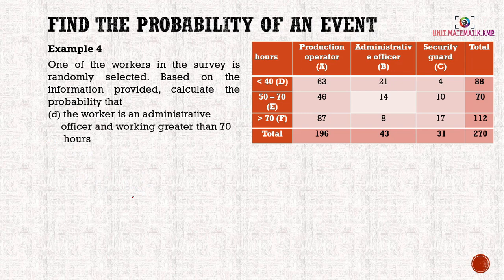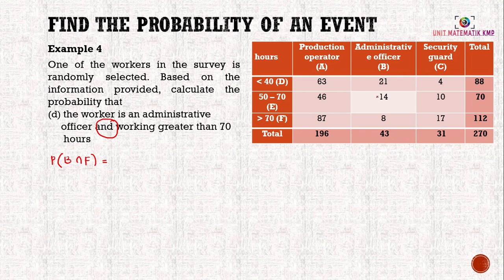Okay, next. Calculate the probability that the worker is an administrative officer and working greater than 70 hours. So dia nak probability of administrative officer, which is B, intercept with F. So here kita tengok dekat B, administrative officer.